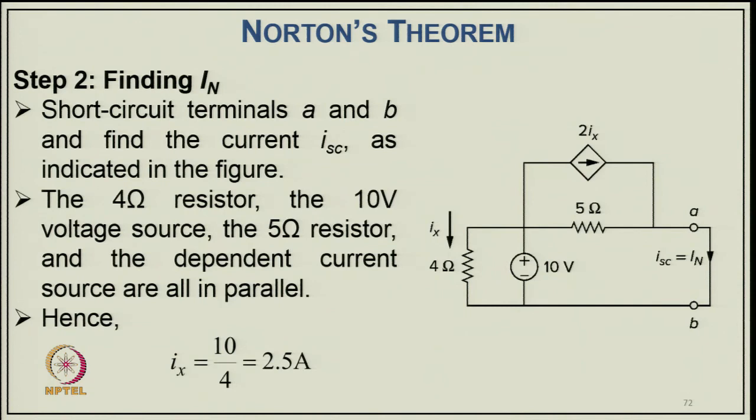And now finding the IN, that is the short circuit current. Short circuit the terminal AB and find the current ISC as indicated here. The 4 ohm resistance, the 10 volt voltage source, the 5 ohm resistance and the dependent current source are all in parallel, hence Ix will be 10 by 4, that is 2.5 ampere.